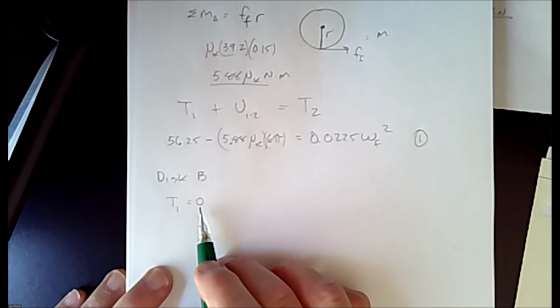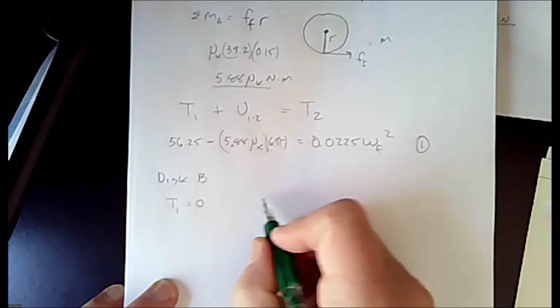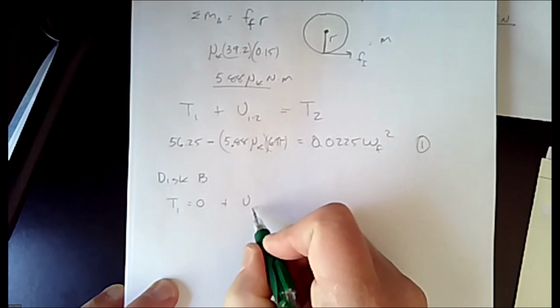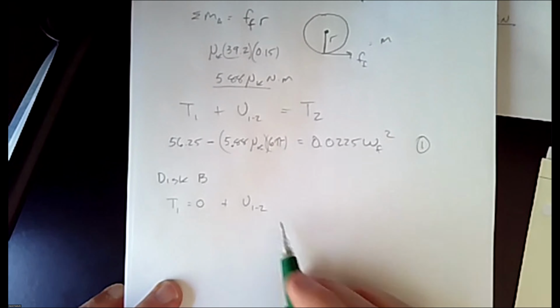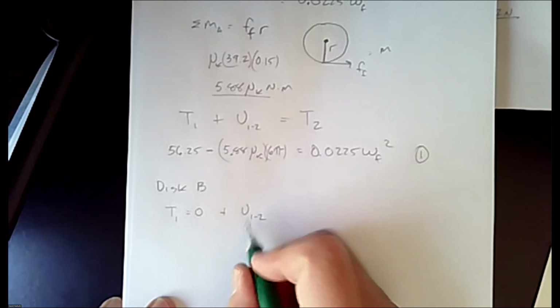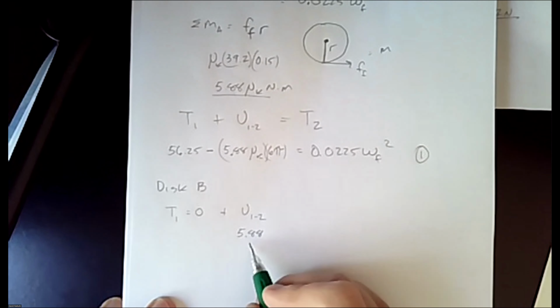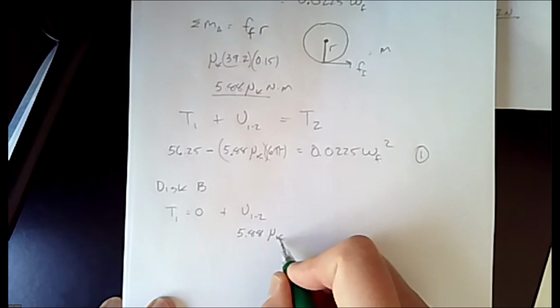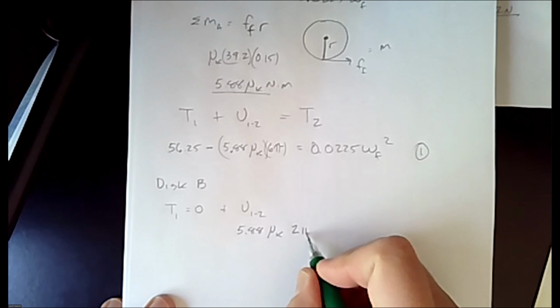And then, in order to figure out what it's going to rotate, we know that it's going to have T1 plus U1-2. Well, it's going to have the same friction, right? It's going to have the same 5.88 mu k. The only difference is that instead of negative, it's going to be positive, because it's going to be a force that's causing it to rotate. So 5.88 mu k, but it only took 1 rotation, so times 2 pi.